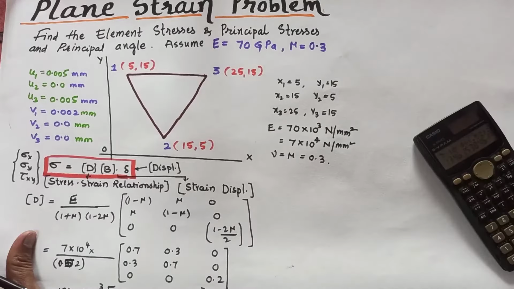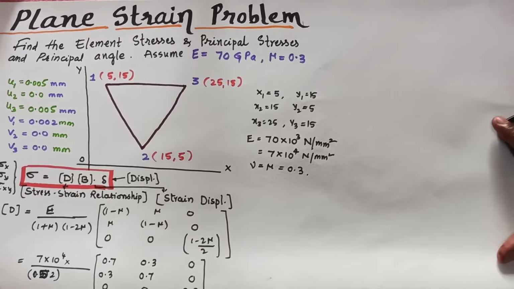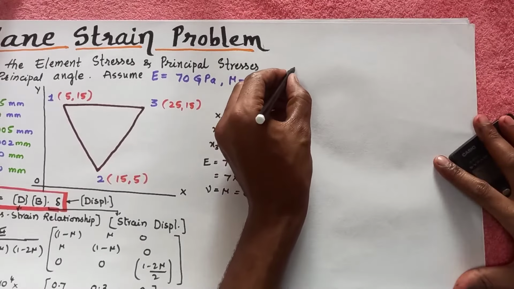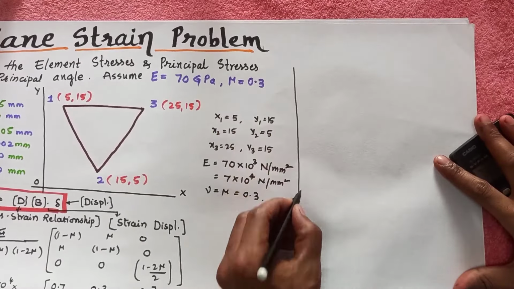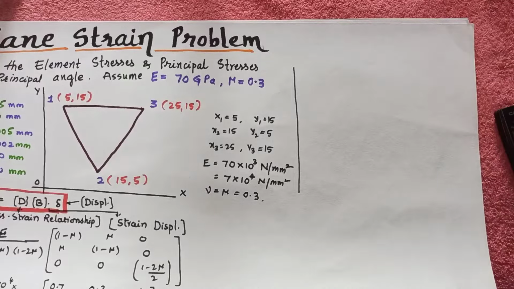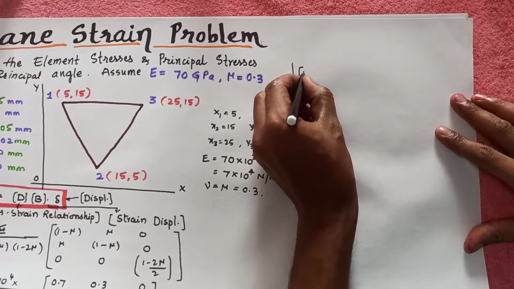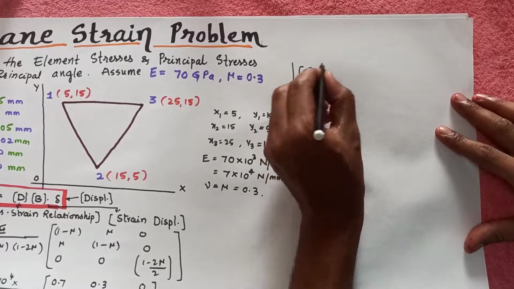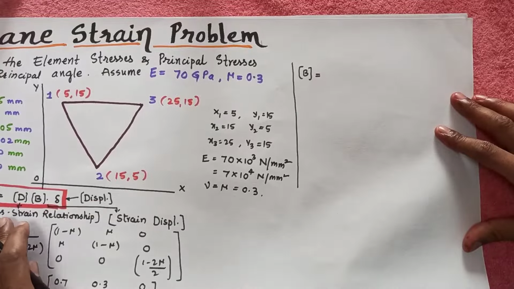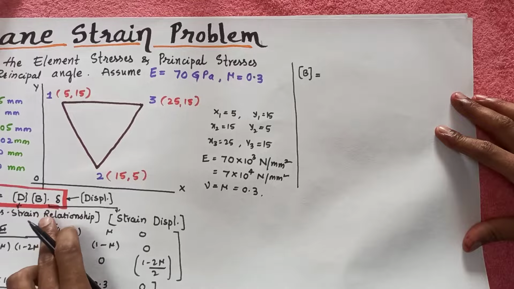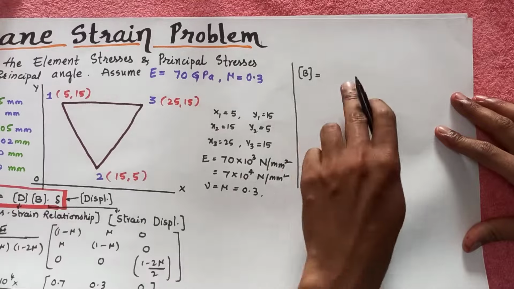Then again we will go for calculating the B matrix, that is the strain displacement matrix. This equation will be constant only for plane strain, and for plane strain the D matrix will change.